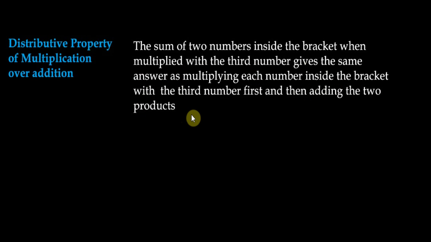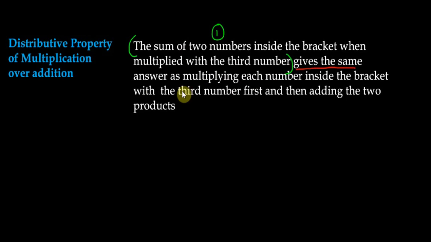Okay, so now this is a long statement. So let's break this statement into parts to understand it better. It says the sum of two numbers inside the bracket when multiplied with the third number. So this is our first part of the statement.